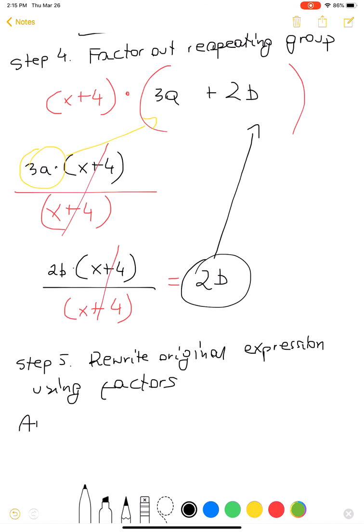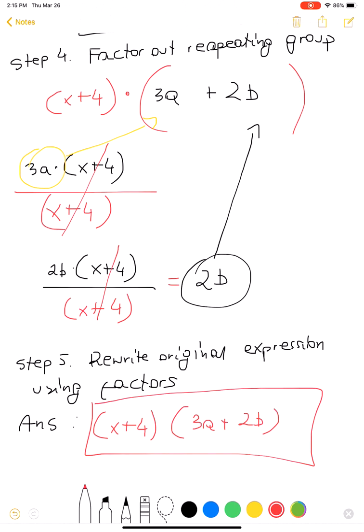So the final answer of this problem is x plus 4 times 3a plus 2b. We call that factoring by grouping because eventually in step 4 we factor out. First we group them, we put the parentheses, and in step 4 we factor out that repeating group, which was x plus 4. Okay?